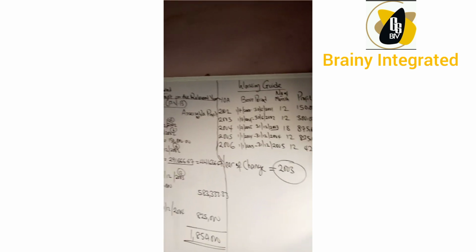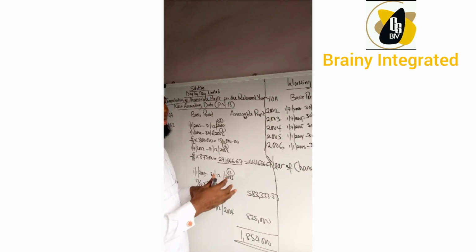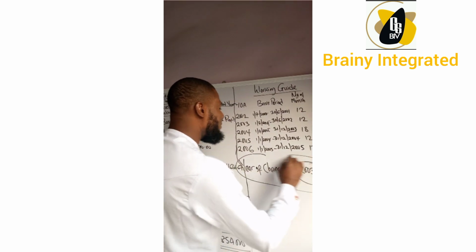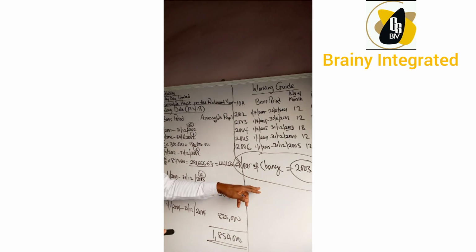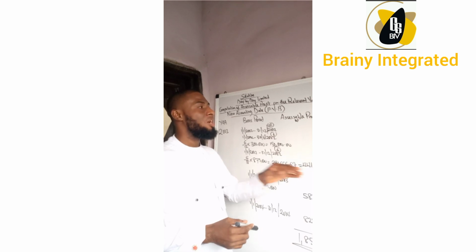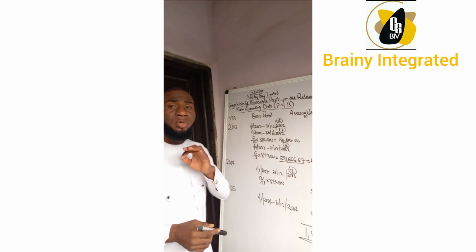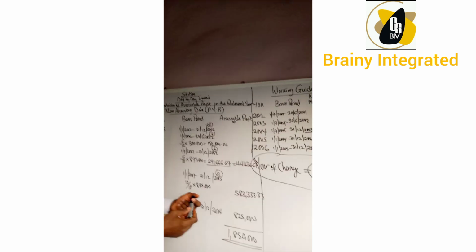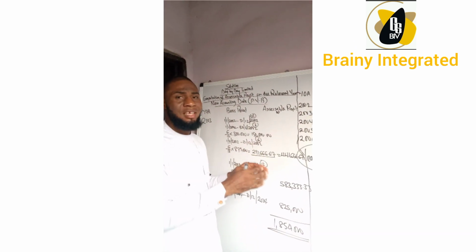But if you are still finding it difficult to identify the year of change, identifying the year of change is very, very important, because if you cannot identify the year of change, every other computation is wrong. So we advise you to go and watch our earlier video on how to identify the year of change.